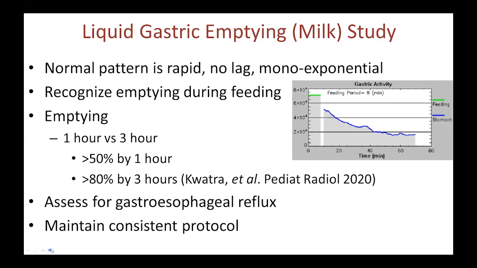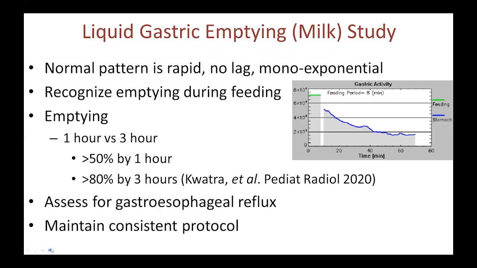of gastric emptying. Gastric emptying has been evaluated either at 1 hour or 3 hours with a liquid meal. Typically, we have used a standard of more than 50% by 1 hour, although Quattro and others also showed that greater than 80% by 3 hours correlated with a normal study.